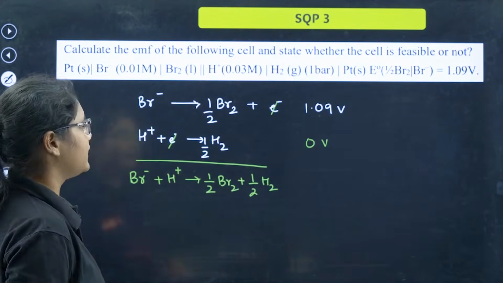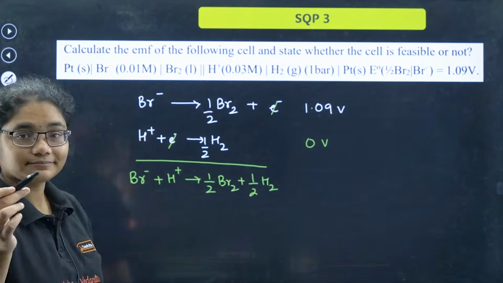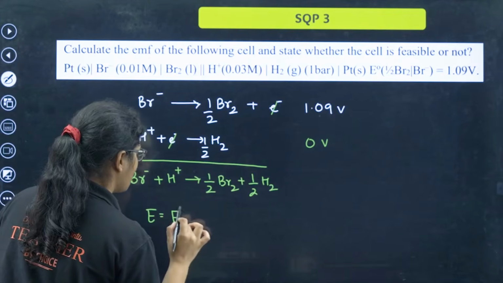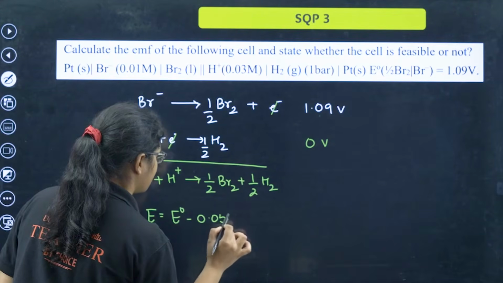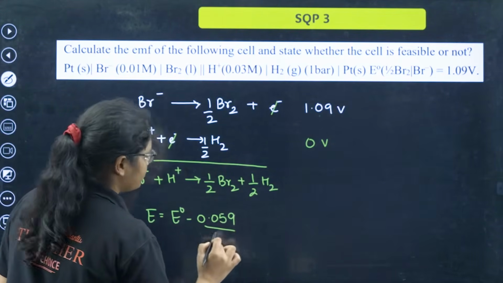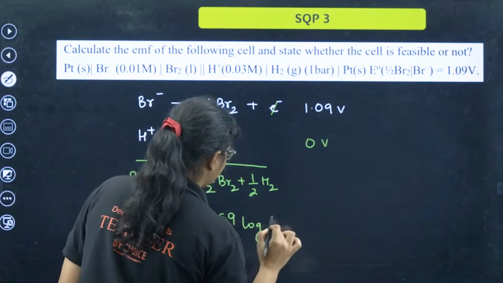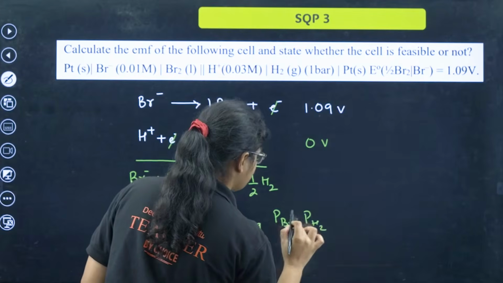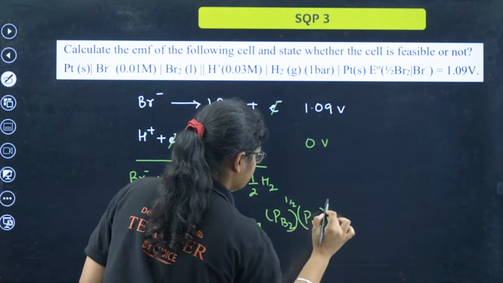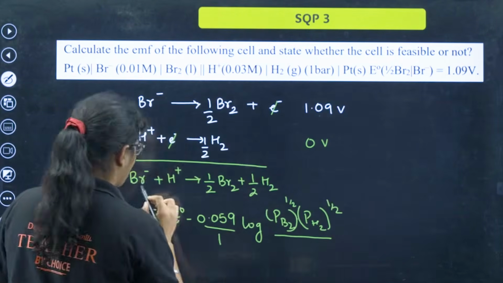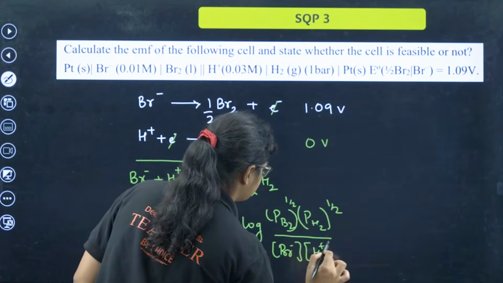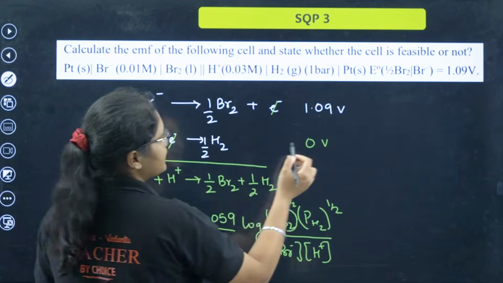Then how to calculate the next thing, that is E value. E value is equal to E naught minus 0.059 by N, where N value is 1, into log of pressure of Br2 into pressure of H2, its half power will be half here, divided by Br minus concentration and H plus concentration.